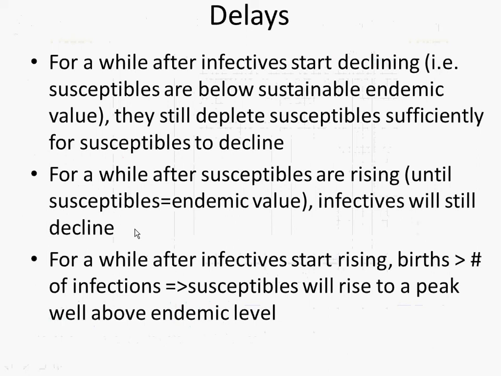And it's going to take them a while to get to that level because they've been so depleted by that period of high infectives. And during all that time, where the susceptibles are still rising up to that sustainable level that will sustain R star, the effective reproductive number equals 1, will sustain each infective to replace themselves with at least one infective, well, the number of susceptibles is still not at that point.